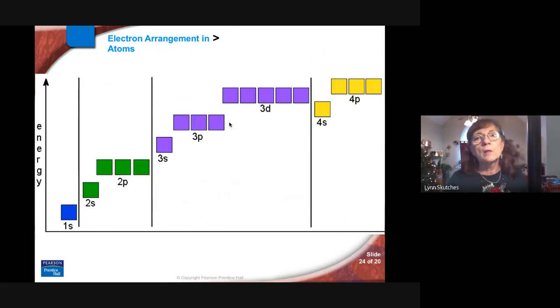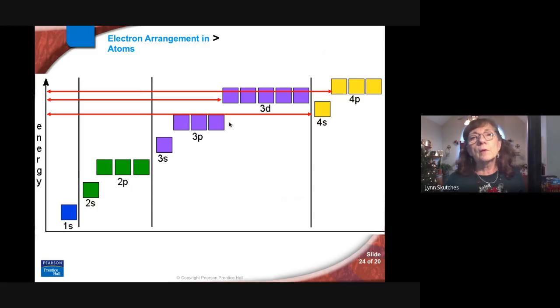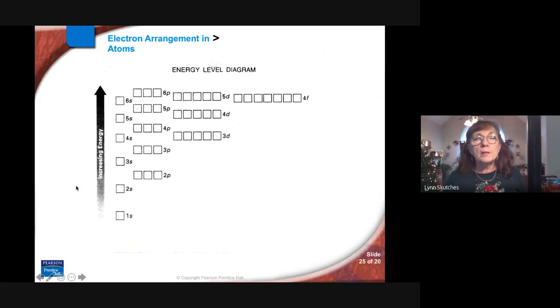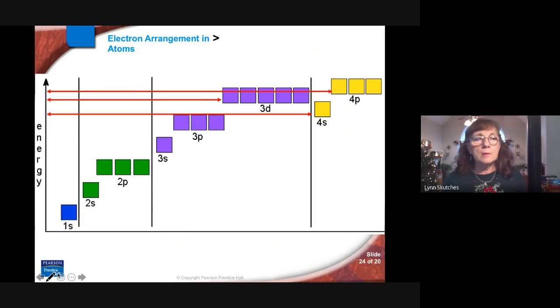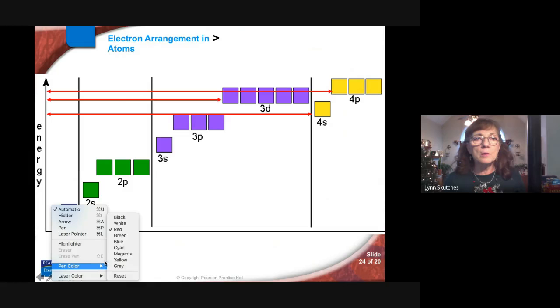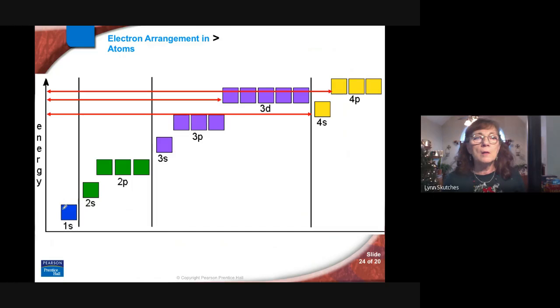All right. So again, the trickiest part is at the 3rd energy level. All the s's are in the right positions, okay? The 3s is higher energy than the 2s, the 1s is below them all, 4s is above the 3s.